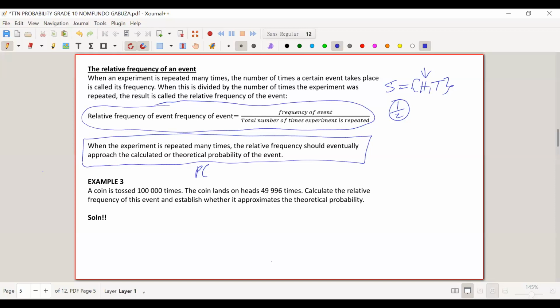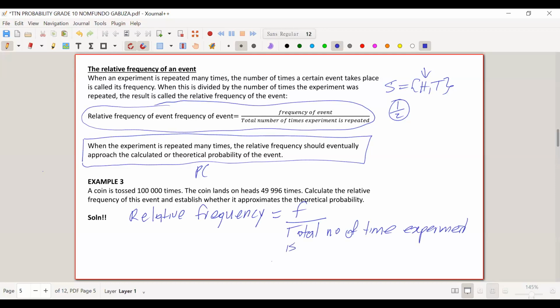Our relative frequency is going to be the frequency of an event divided by the total number of times the experiment is repeated. Right, this is just a formula.